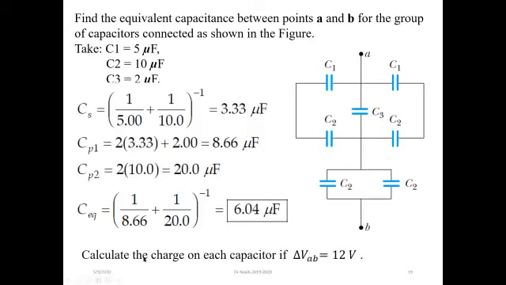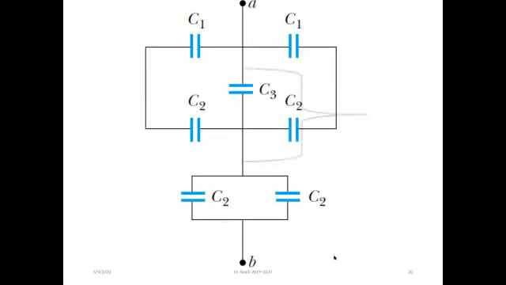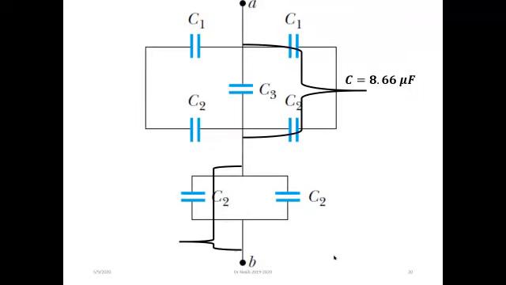In the second part of the example, we are asked to calculate the charge on each capacitor if the potential difference between A and B is 12 volts. For this part, we found 8.66 for the upper part and 20 microfarad for the lower part, and this was the equivalent capacitance, with potential difference 12 volts.